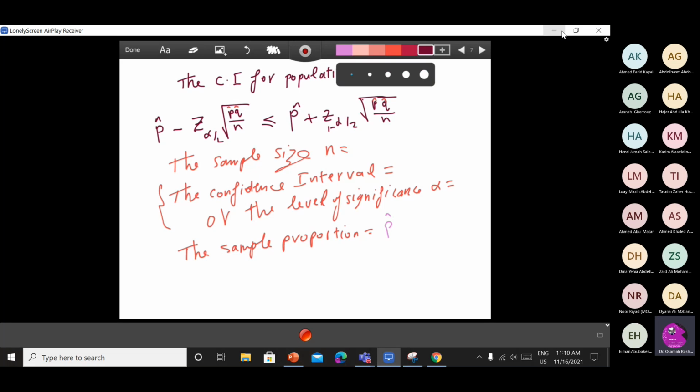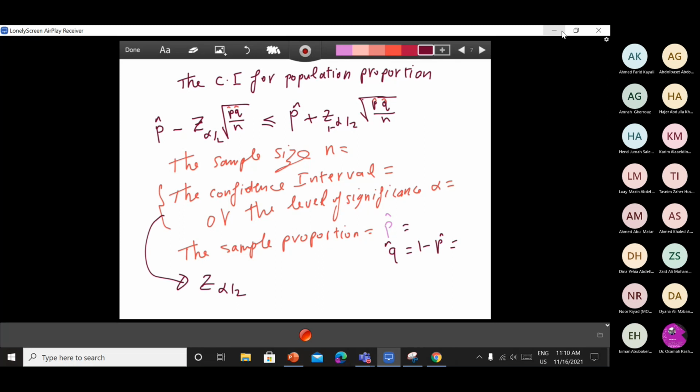And once I have P hat, I can have Q hat, which is 1 minus P hat. This is all you need. And of course, once you have these values, you will get Z of alpha over 2, or I prefer 1 minus alpha over 2, to use the positive Z, right?